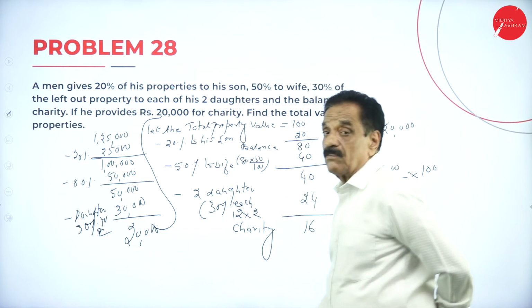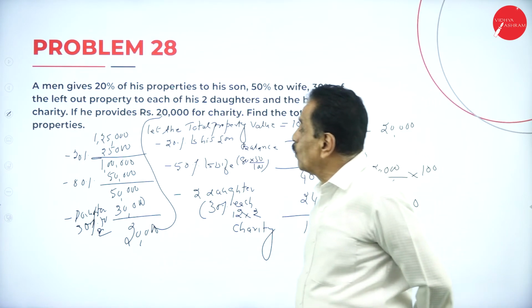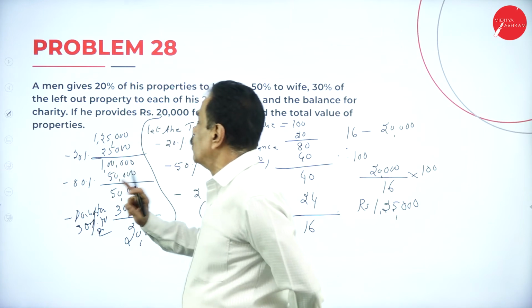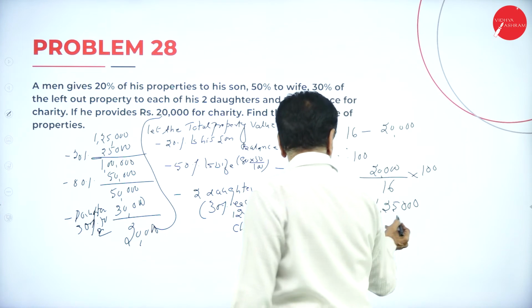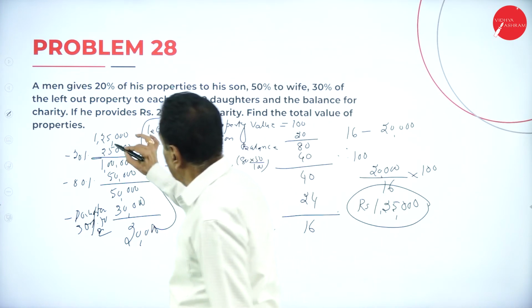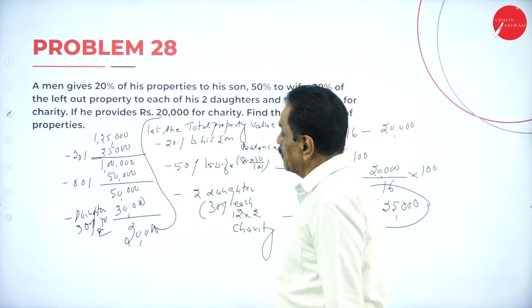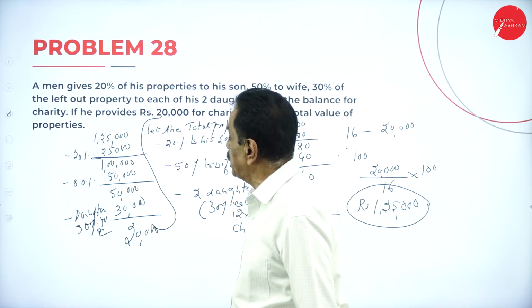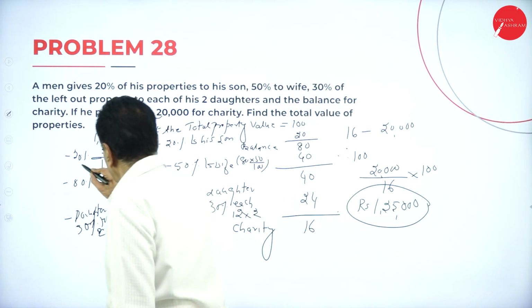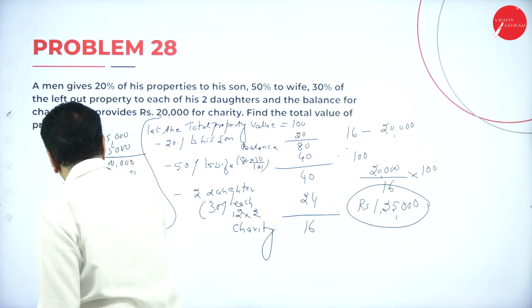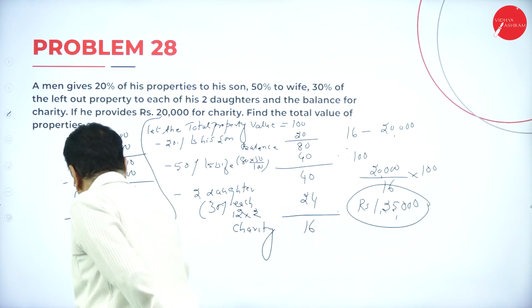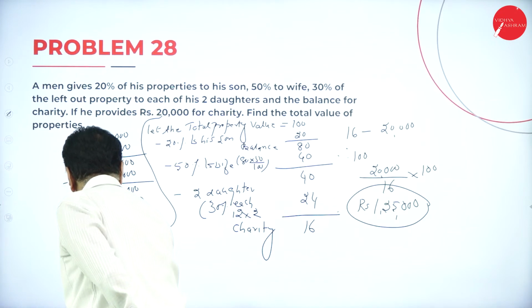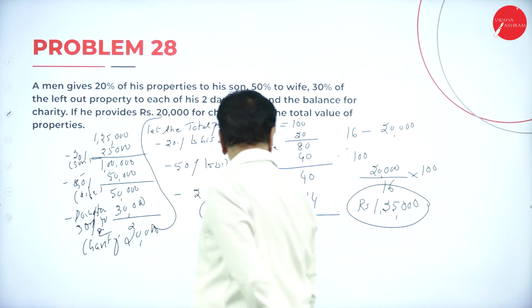Arrived. What's the total value of the property now? 1,25,000. Verification: 20% is 25,000, 50% is 50,000. This goes to son, this goes to wife, this goes to daughters, and the balance goes to charity.